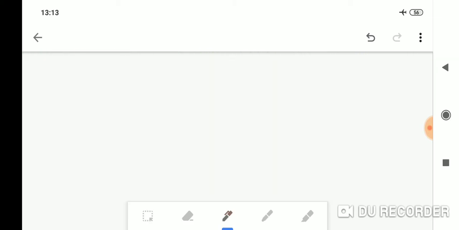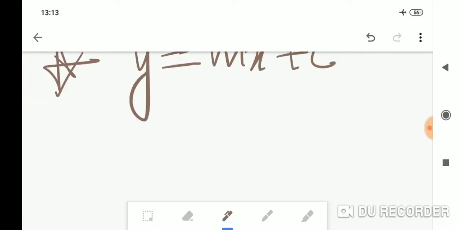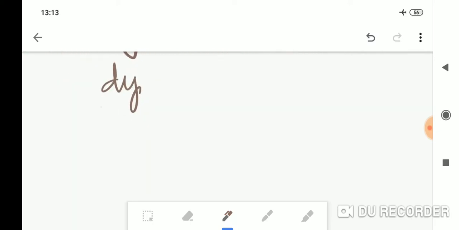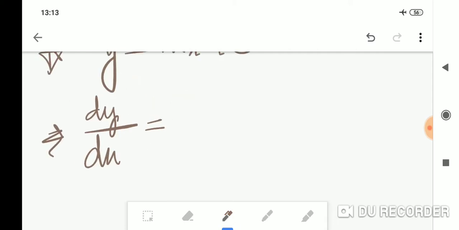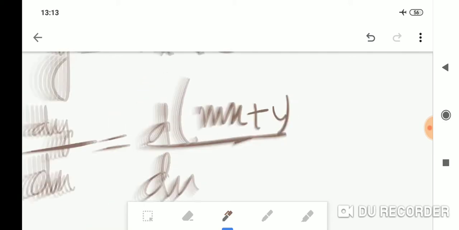So coming to the first order equation, y equal to mx plus c. We have to understand this thing from the very beginning. We'll first differentiate to find the slope. dy by dx is equal to d(mx plus c) by dx.